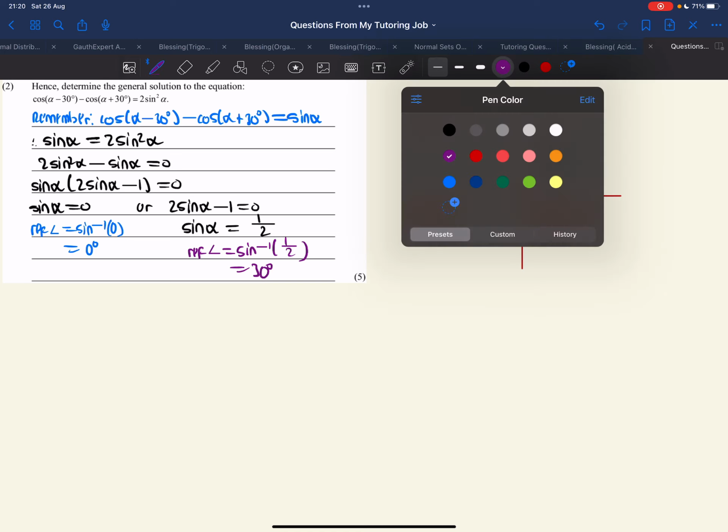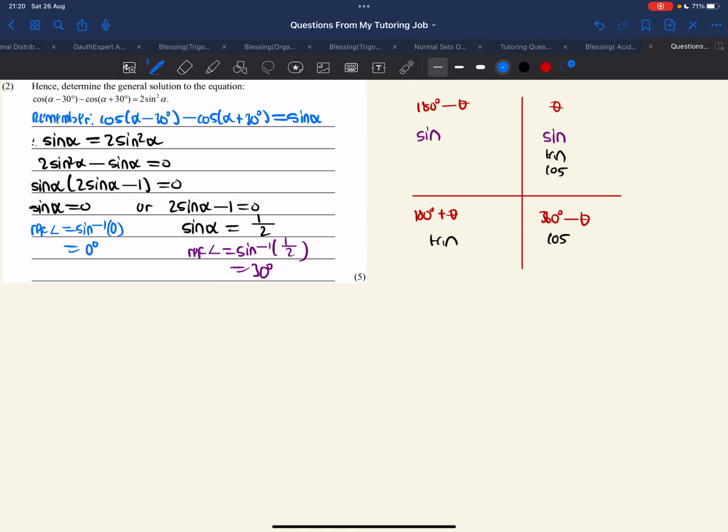Now if we had to do the general solution for 0, this is how it's going to basically look. So remember, I'm using a blue color, right? We're going to first start with alpha equals 0 plus 360 dot k, k is an element of the integers. Then we're going to say or alpha equals 180 minus 0 degrees plus 360 dot k.